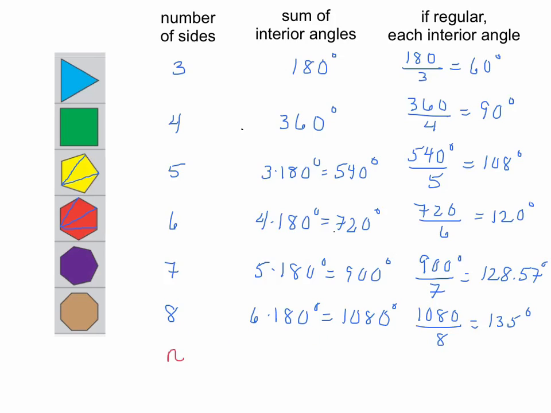So our formula for the second column is n minus 2 times 180. And that should feel right, because no matter how many sides you have in a polygon, the number of triangles you can draw is always 2 less than the number of sides. And then finally, if the shape is regular, then we can take that grand total of n minus 2 times 180 and divide by the number of angles, which is n, and we have the measure of each interior angle.